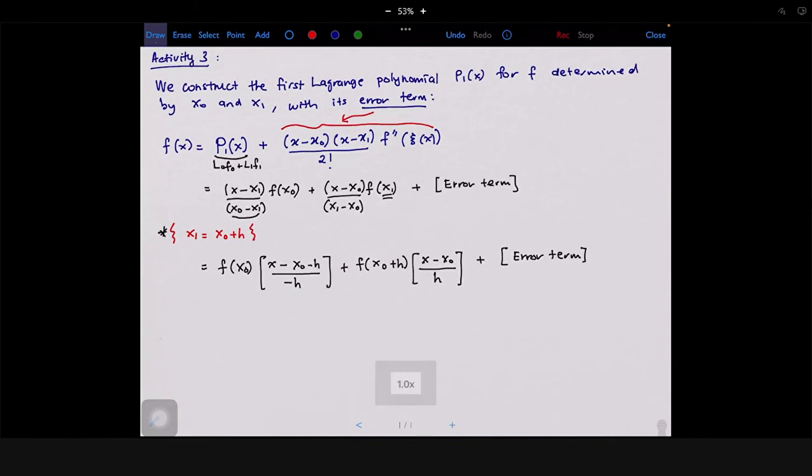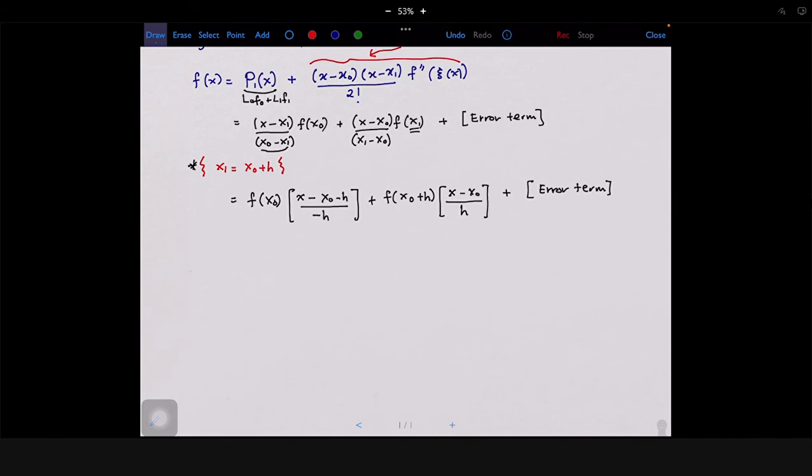So what's next? For some zeta(x) in the interval (a, b), we differentiate with respect to x, and we get what we want, f prime x.